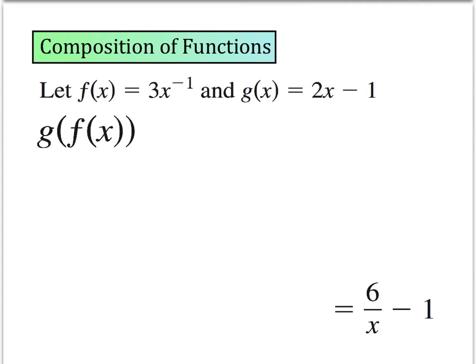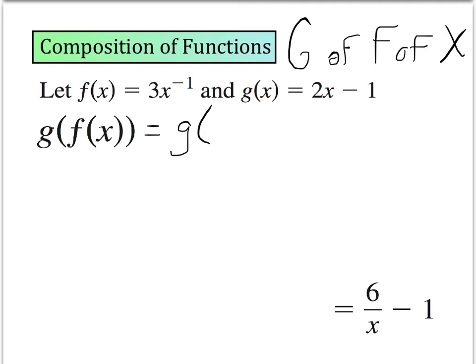In this example we're going to be doing composition of functions to figure out what g of f of x is. Once again, we're plugging in entire functions for our x values. So in the function g we're going to be plugging in 3x to the -1.